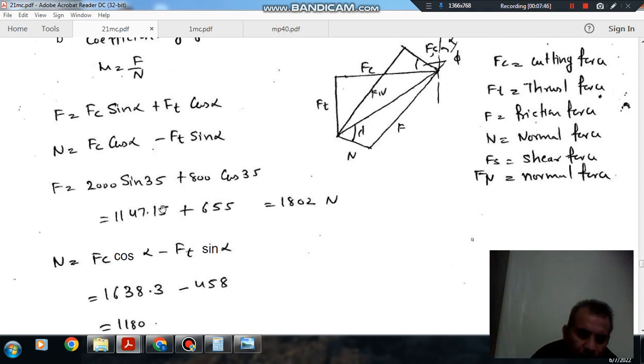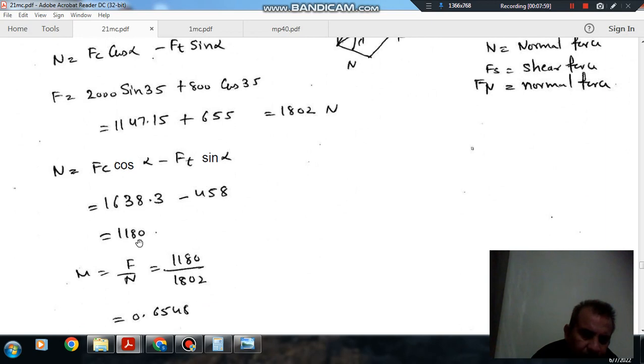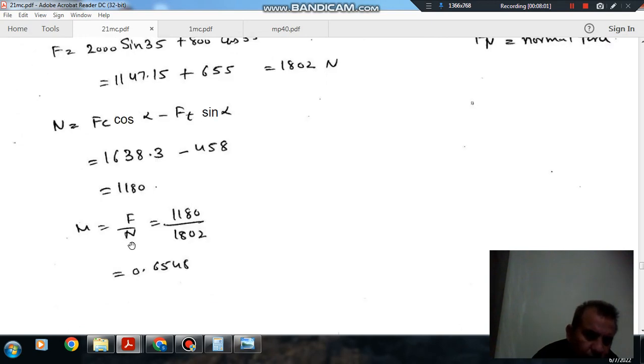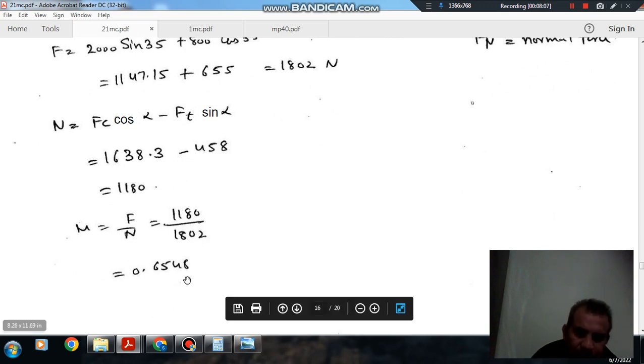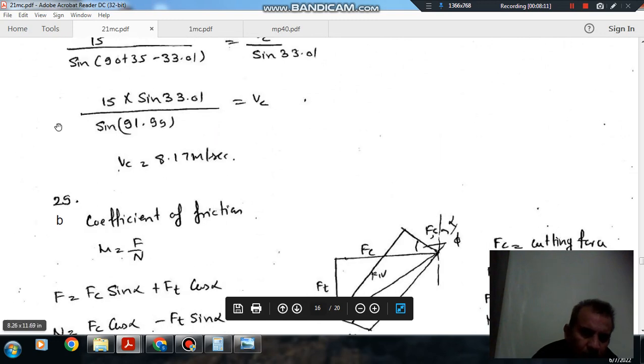We have FC, we have alpha, FT is 800, FC is 2000. Putting these values, we get F as 1802 and N as 1180. So the coefficient of friction is 1180 by 1802, that is 0.654. So the answer to question number 29 is B.